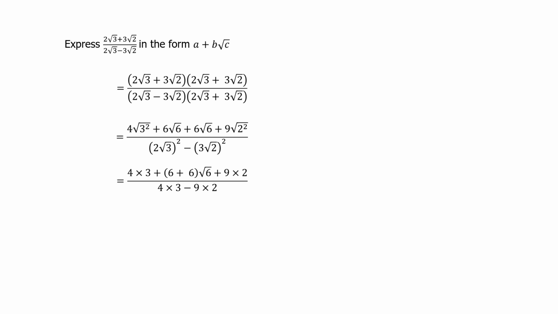So the 4 times the 3, on the next step we are going to see that it is 12, and then the 9 times 2, we are going to see that it is an 18. So now we are going to add both in the numerator and the denominator the like terms. So when we add them, there we are having a 30.